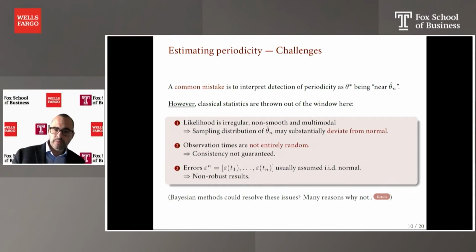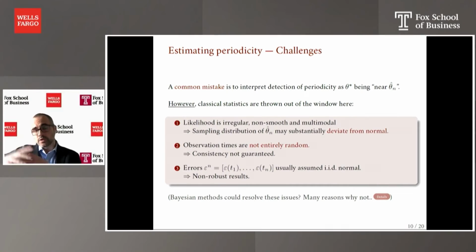The other problem is that the observation times are not random, and so not even consistency is guaranteed, let alone normality. For consistency, usually a theoretical assumption is the so-called separability of those modes. Separability means that as you get more and more data, those modes are going to be separated more and more, and the truth is going to have the highest peak.